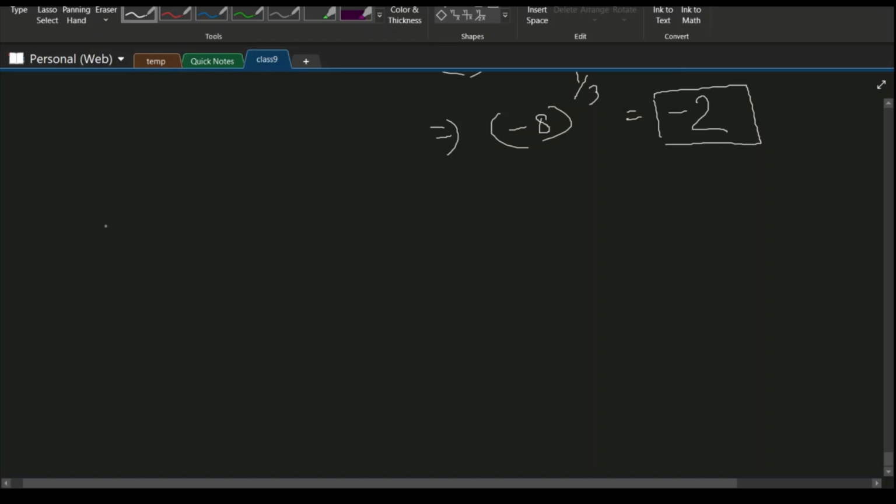So again, if I go to this example, 16 to the power half. Here the base is a positive number, right? Base is 16, so it's a positive number raised to the power half. So for the principal second root, since the base is positive, I want a positive real number x such that x square equal to 16.